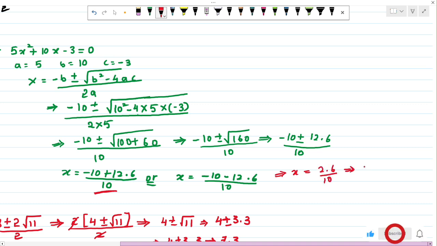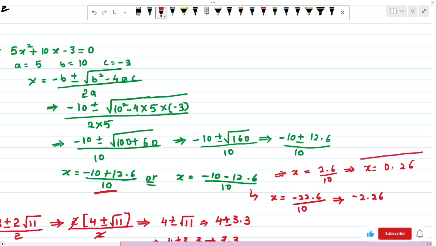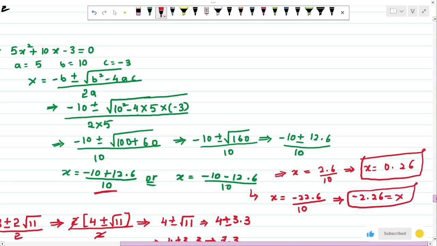I'll get it as x is equals to 0.26. Now this value can be written as x is equals to minus 22.6 divided by 10. So can I write it as 2.26? So this becomes minus 2.26. So these two are the values of x, that is x is equals to 0.26 and x is equals to minus 2.26. I hope this is clear for everyone.